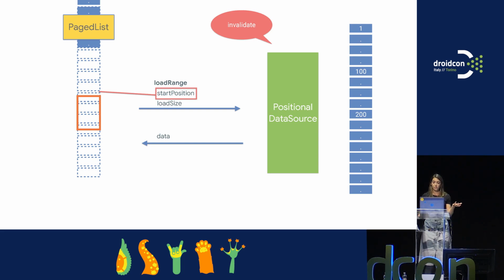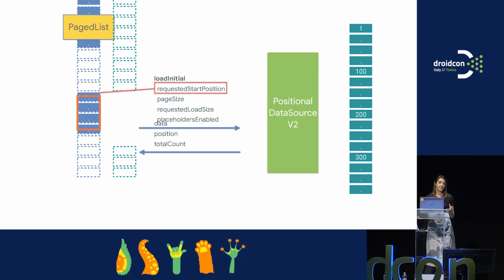So we're at a different position. So now load range is called again. Then we will get the position from the RecyclerView and use that as a start position. And we would pass the load size. We would get the data back. And we're only displaying the data that is needed, the data that the user actually had seen.